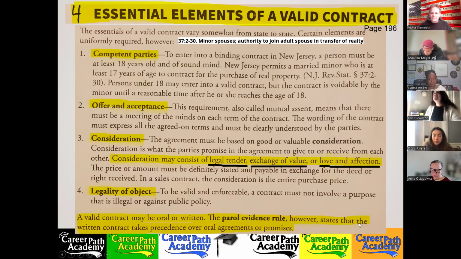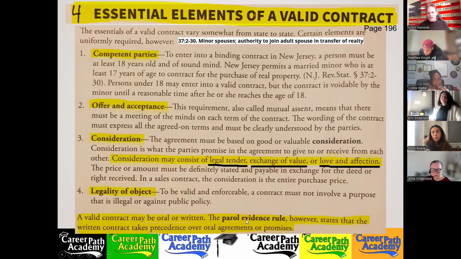However, the parole evidence rule: if I enter into a verbal contract with you to sell you my cell phone, and you say you got witnesses, but we don't have anything in writing. But then someone else steps forward and says, well, I got a contract in writing to buy the cell phone from Victor. Well, the parole evidence rule will kick out the verbal contract, even if you got a witness that claims they heard it all, because the other person has evidence in writing.